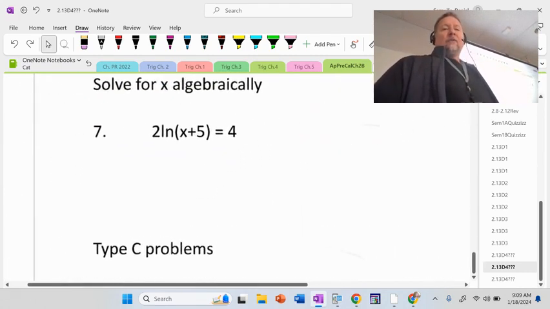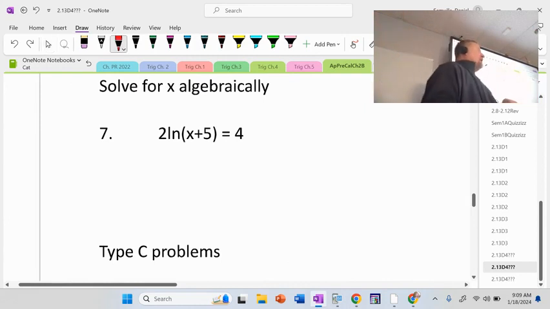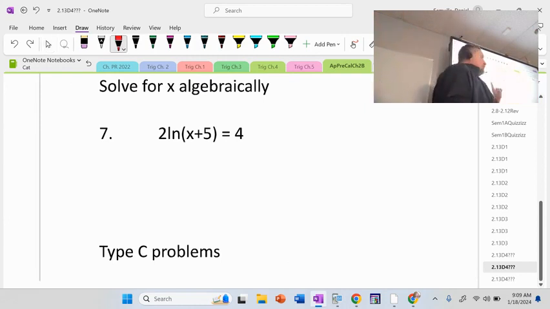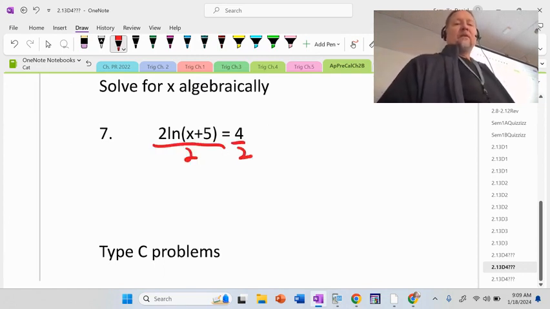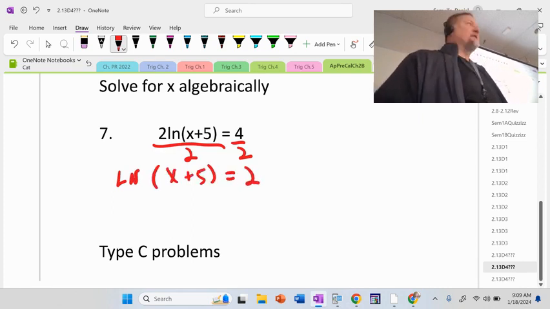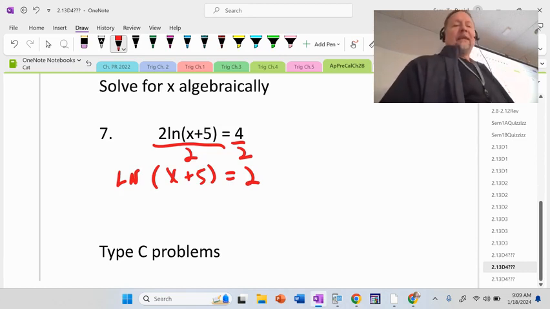Okay, now I will tell you this again: on the basic calculator, multiple choice, this is how you're going to do this question. Divide by 2. And then what's ln? Log base what? E. A couple people answering, so it proves they're listening. Log base e squared equals x plus 5.